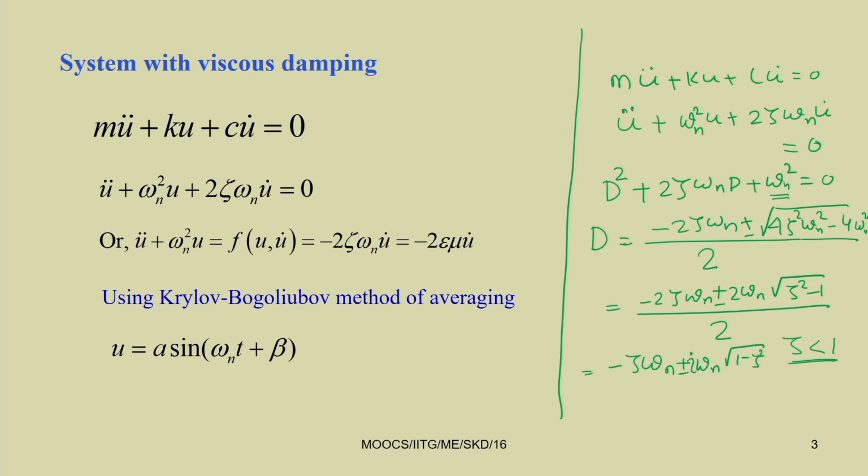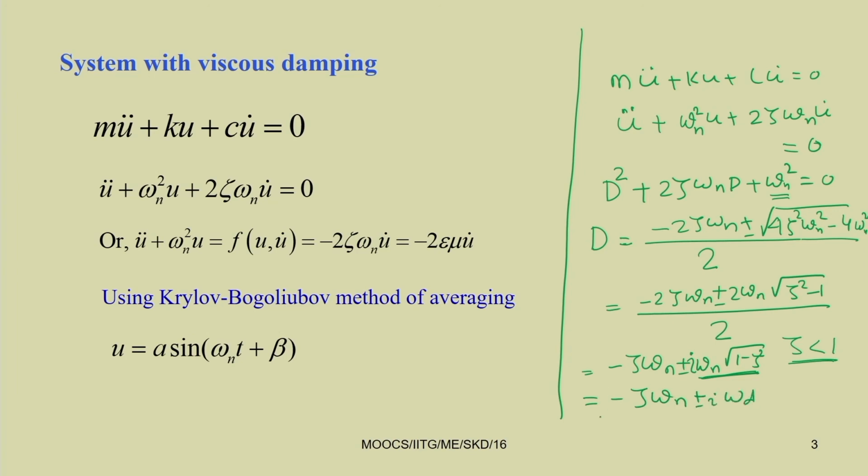Here we have obtained two roots. The roots are minus zeta omega n plus minus i omega n into root over 1 minus zeta square, but this term, omega n into root over 1 minus zeta square, we generally call omega d, the damped natural frequency. So the roots will be equal to minus zeta omega n plus minus i omega d.